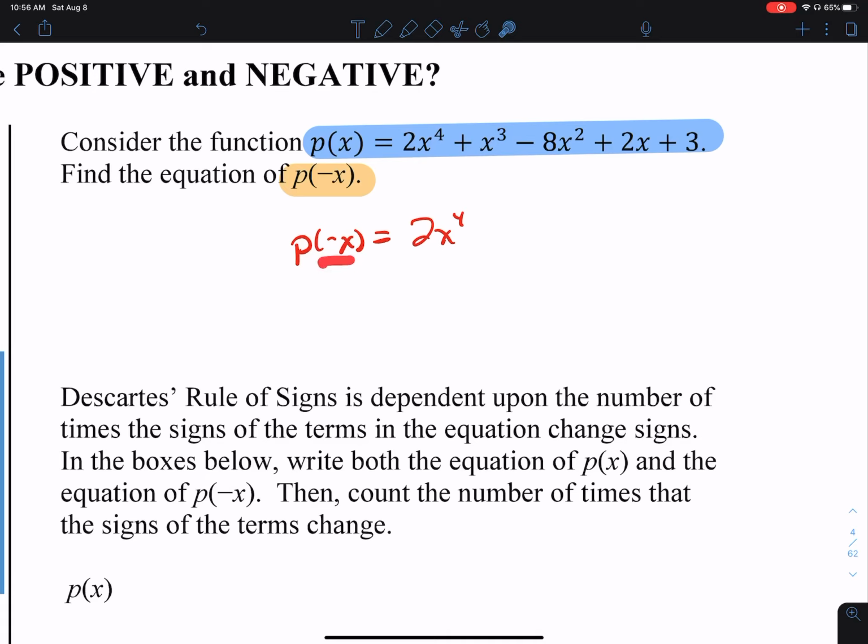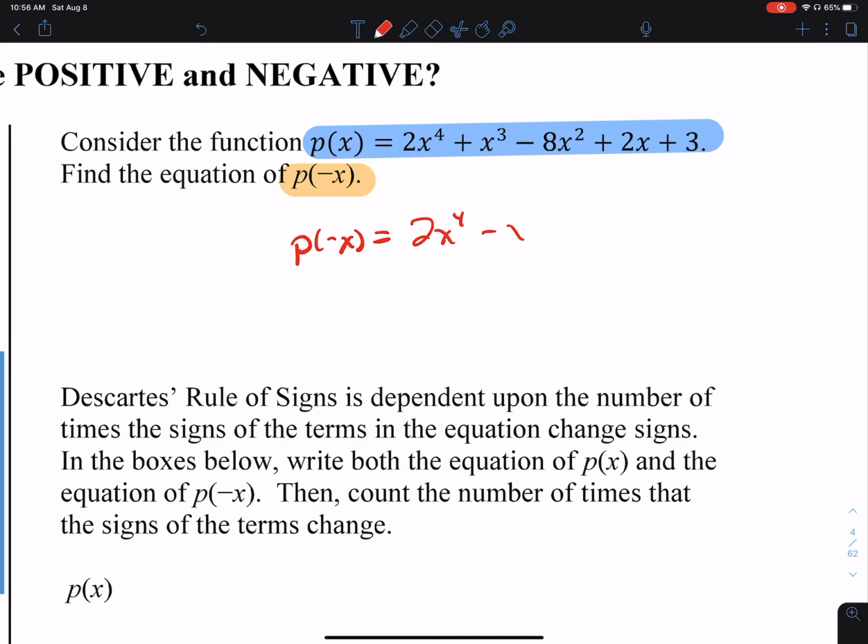Let me start over because I think I misspoke. If you put negative x in for x and the exponent is even, this stays the same sign. It's 2x to the 4th. If you're putting it in and the exponent is odd, it's going to change the sign.